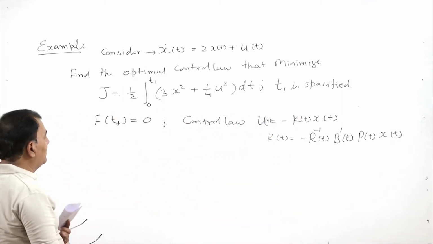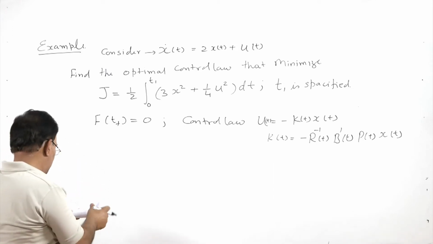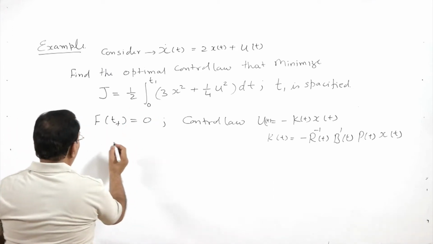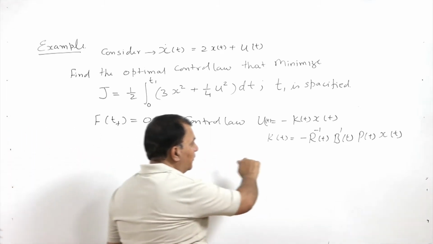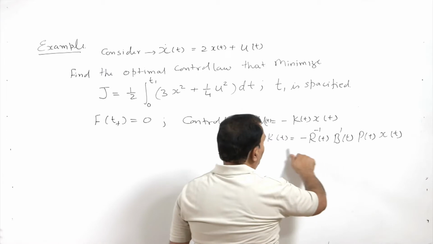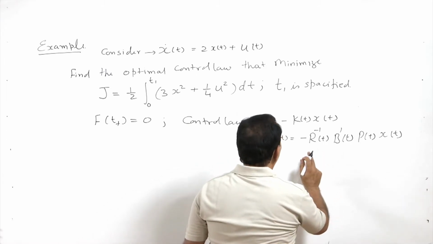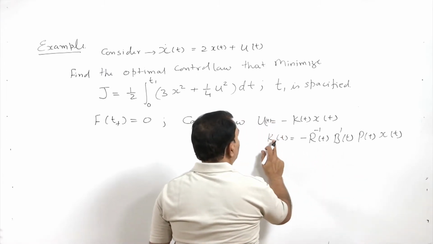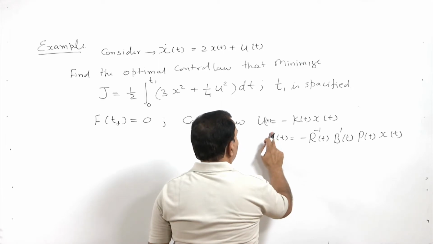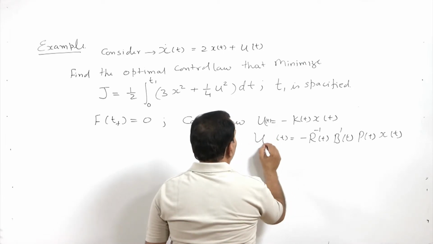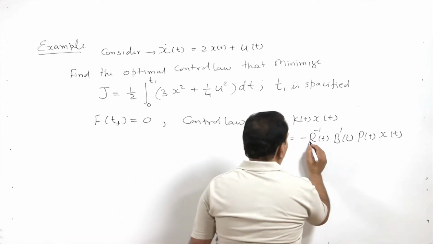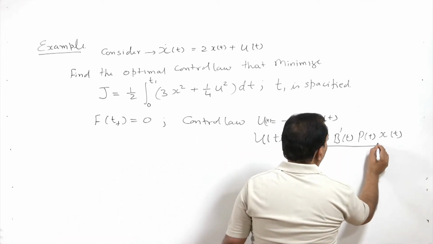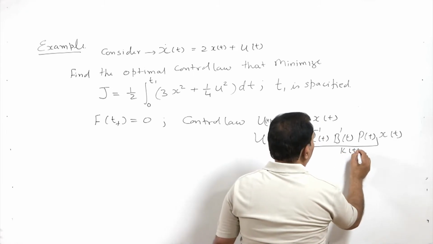Now, with this, let me write the different values. So, this is my u(t) and this is my K(t).